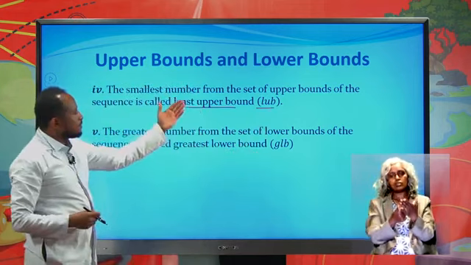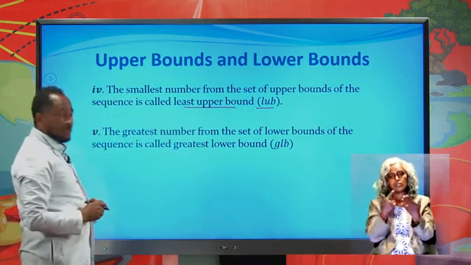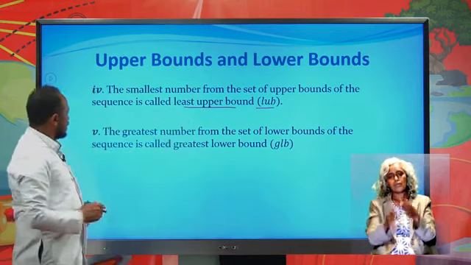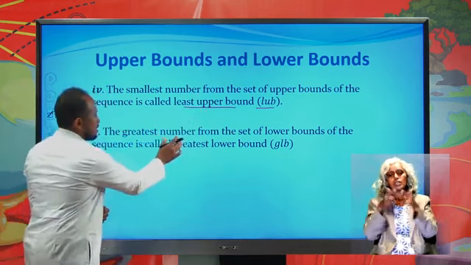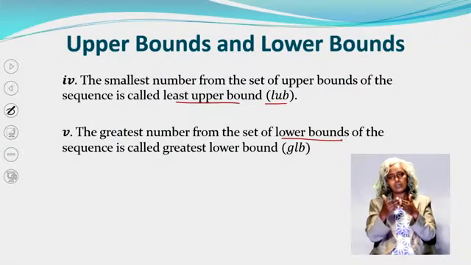That means the smallest number from the set of upper bounds of that sequence is called the least upper bound. And the greatest number from the set of lower bounds, we call the greatest lower bound of that sequence.